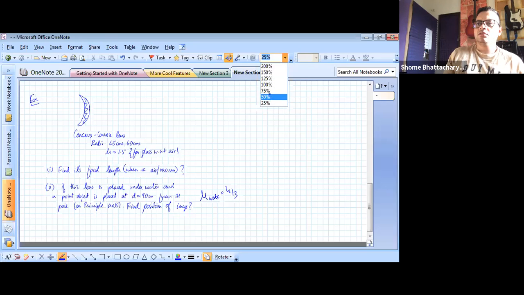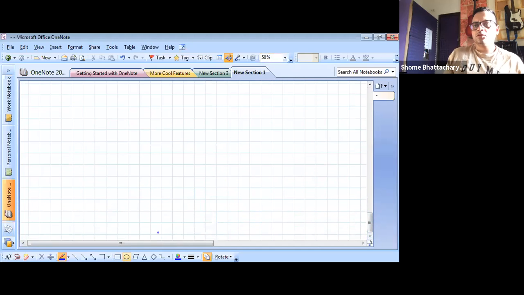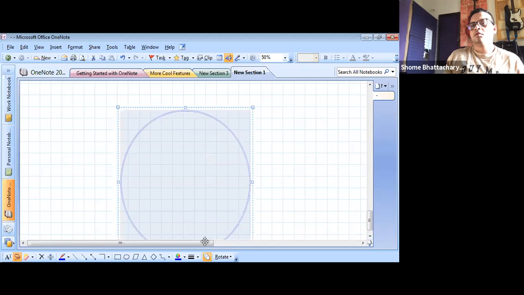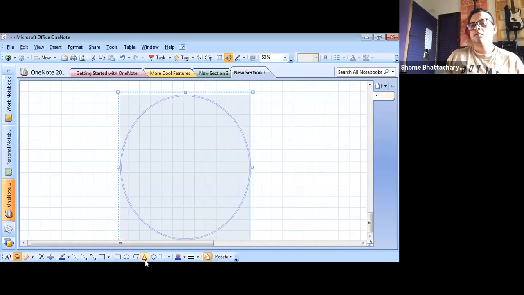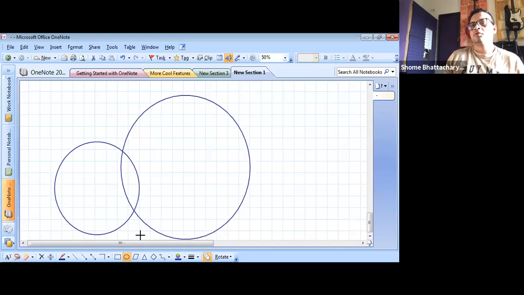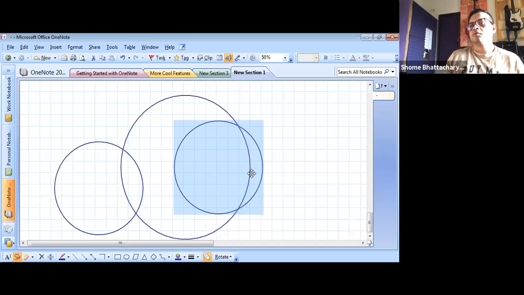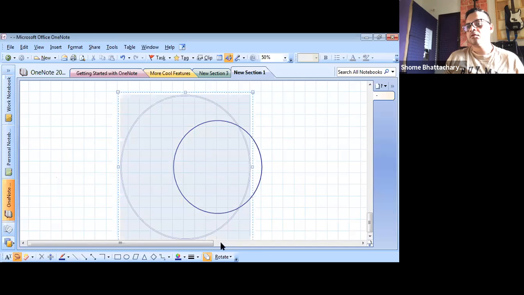Right. So let us look at this in detail now. What is happening is, if we place this lens in this manner, like we have it in the diagram, you'll realize it's a combination of two different surfaces which are like this.